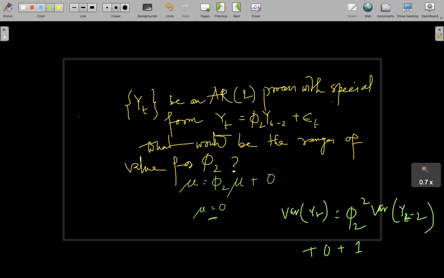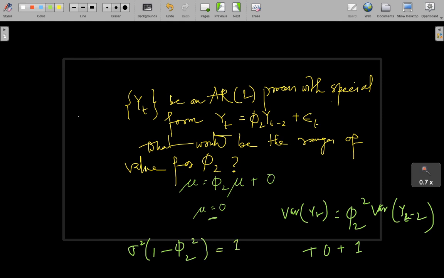So if the stationarity condition is valid, then variance of y_t is going to be equal to variance of y_{t-2}. So let's say that's my sigma square. I'll take sigma square to this side, sigma square times (1 minus phi 2 square) is equal to 1, or it could have been sigma_e square.